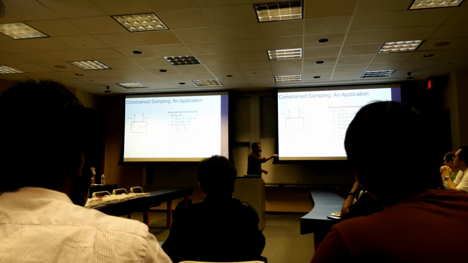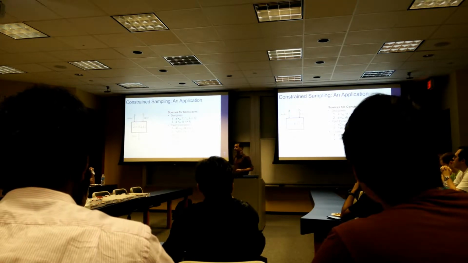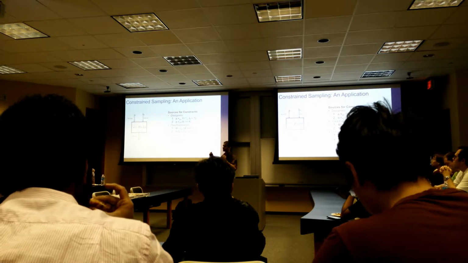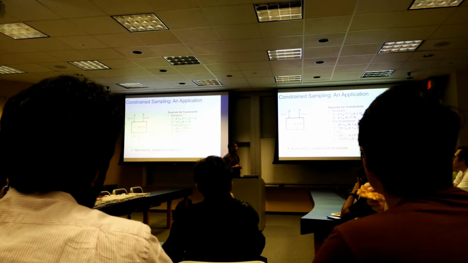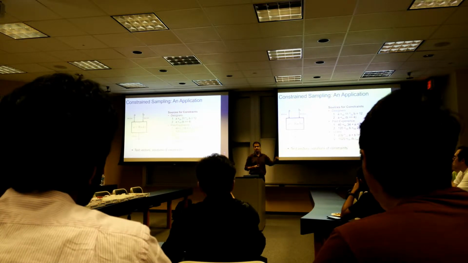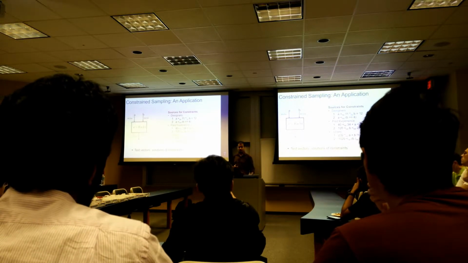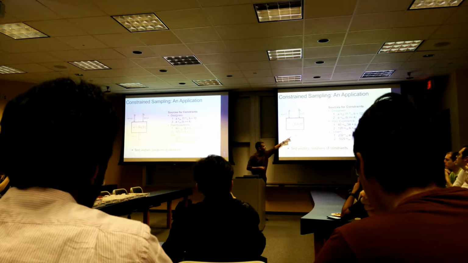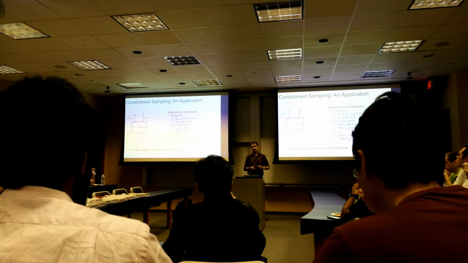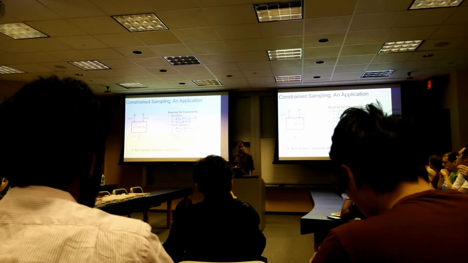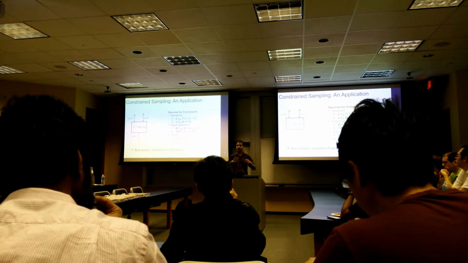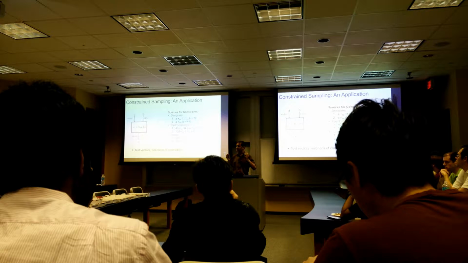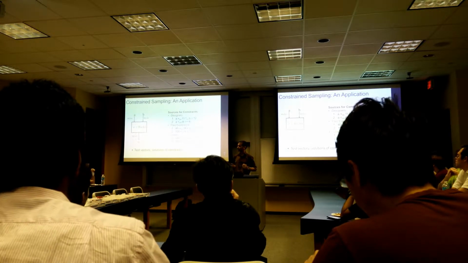I don't want you to read and understand what exactly these constraints mean, but just to tell you that they can be fairly complicated. And the test vectors are the solutions of these constraints. Life would be simple if we could just get all the solutions of these constraints and try on our circuit, but it turns out that there are way too many solutions, so we can again try only very small combinations of solutions of these constraints.